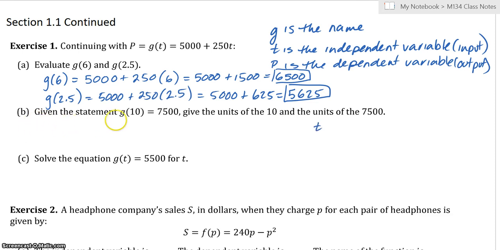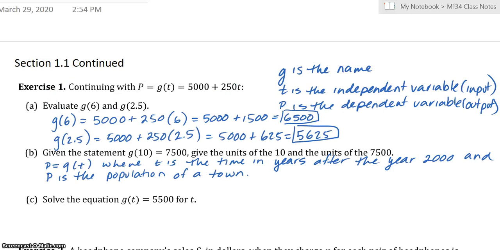Part B. Given the statement g of 10 equals 7,500, give the units of the 10 and the units of the 7,500. You might have to look on the page before to figure out what the units of each of these were. If you remember, t was the time after the year 2000, and p was the population of a certain town.